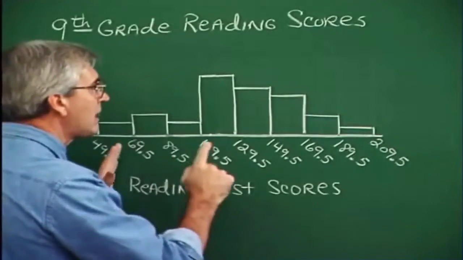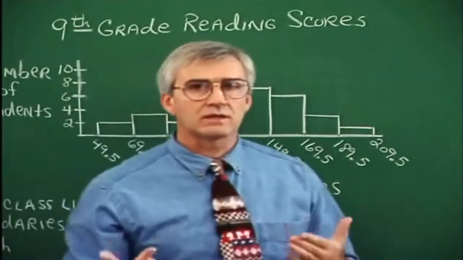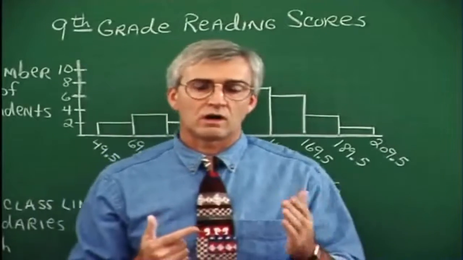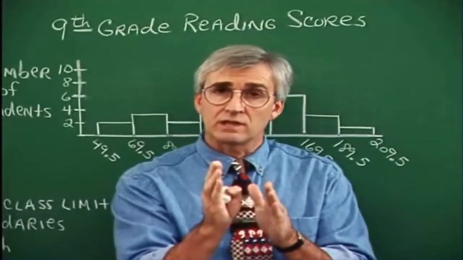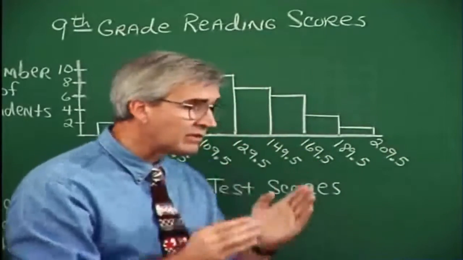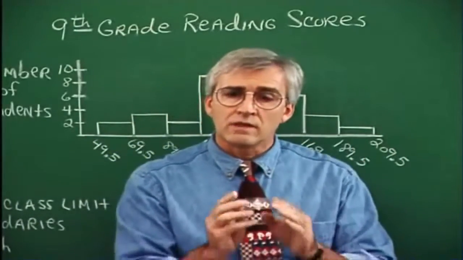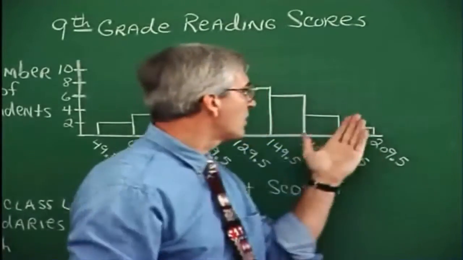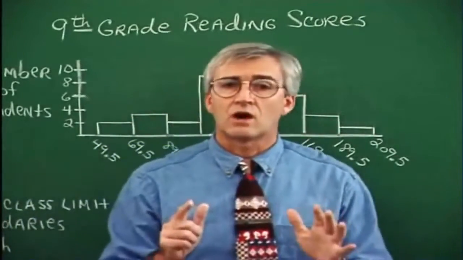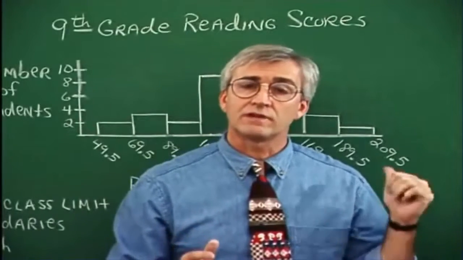And if we're talking about reading test scores, let's make the assumption that those scores are whole numbers. So the scores are whole numbers, and that means that if the boundaries have a decimal associated with them, the whole numbered test score will fall distinctly within a particular class. And that's a rather important aspect of histograms.